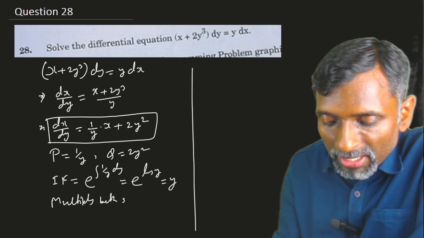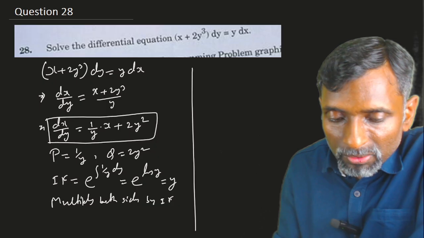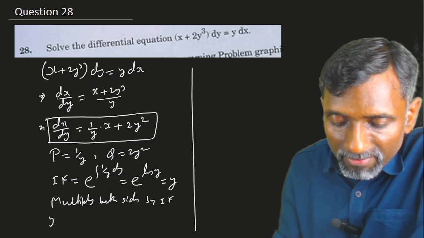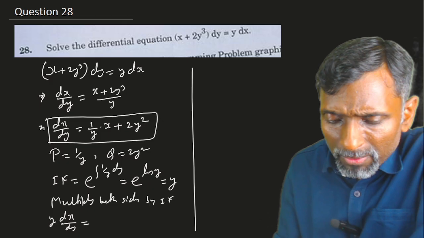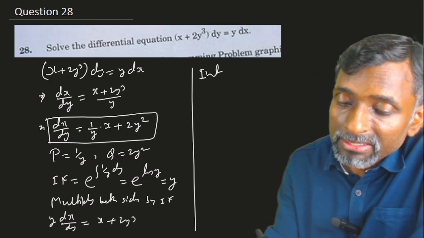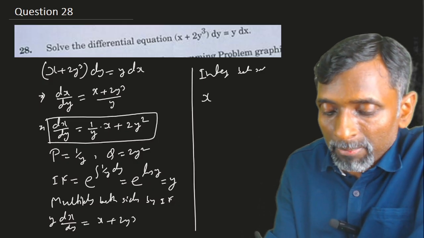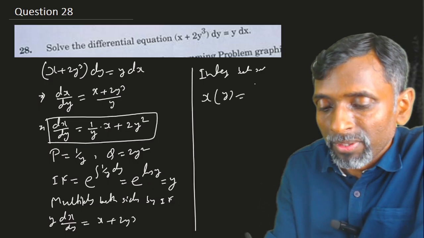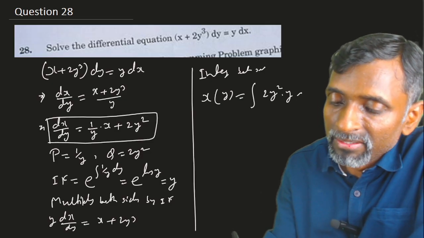So the given equation can be written as y multiply dx by dy is equal to x plus 2y³. And now we can say integrating both sides. You know the formula. It is x multiply integrating factor is equal to integration q multiply integrating factor dy.